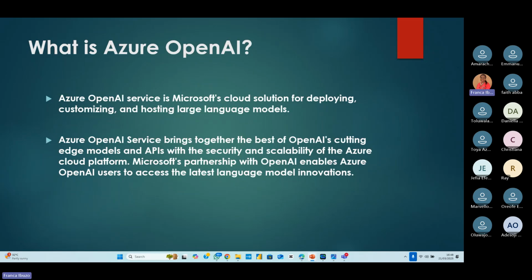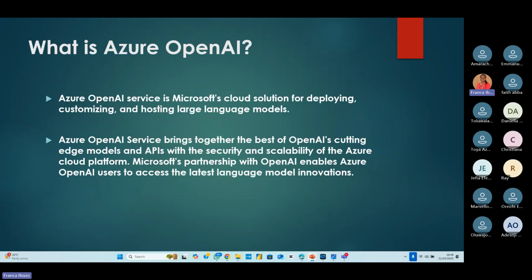Azure OpenAI Service brings together the best of OpenAI's cutting-edge models and APIs with the security and scalability of the Azure cloud platform. Microsoft's partnership with OpenAI enables Azure OpenAI users to access the latest language model innovation.